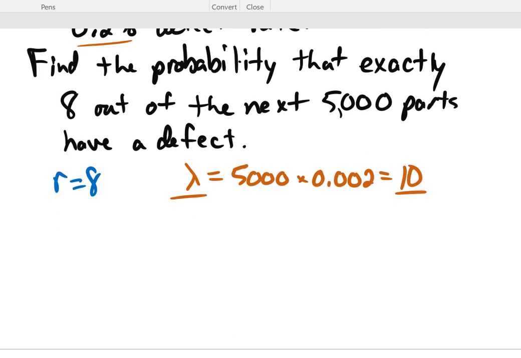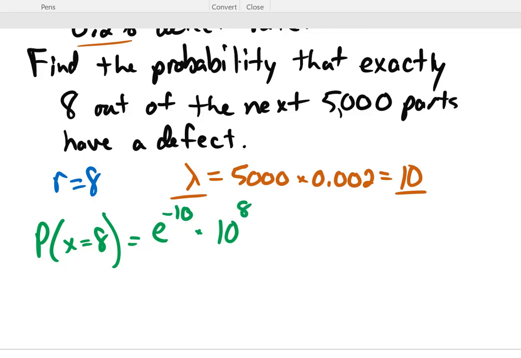So our probability that x equals 8 here is going to be e to the negative lambda, so e to the negative 10, times lambda 10 to the power of r, so that's 8, over 8 factorial.